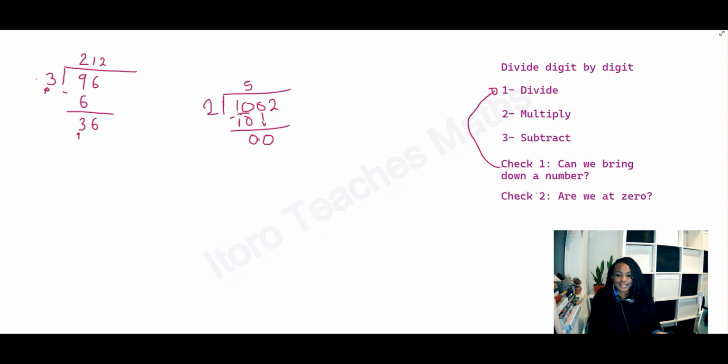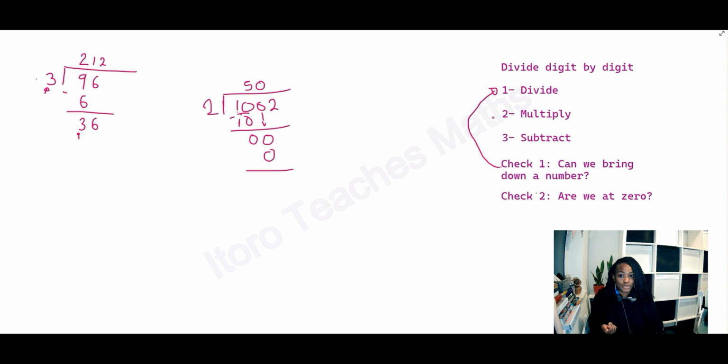You still get nothing. So 0 divided by 2 is 0. So we put 0 at the top. Then we do the multiplication. 0 times 2. Again, when you multiply anything by 0, the answer is always 0. So 0 times 2 is 0. So we put the 0 here. Again, this looks really odd because it's zeros and zeros, but follow the process.